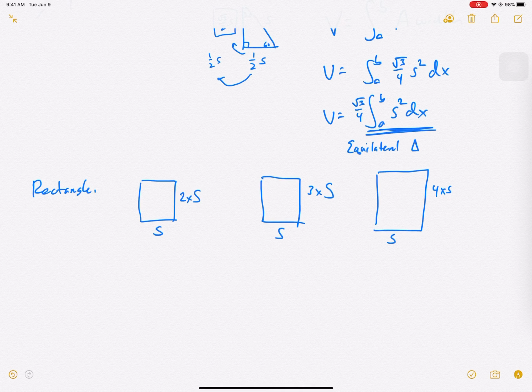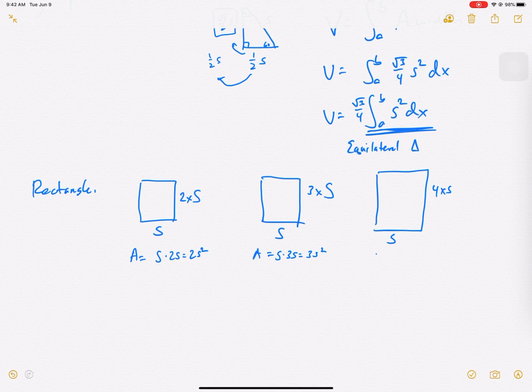Now in all these situations, how would you find the area? The area for each of these would just be the base times the height. In this case, it would be the base, s, times 2s, which is 2s squared. In the next case, where it's 3 times, the area is s times 3s, which is 3s squared.